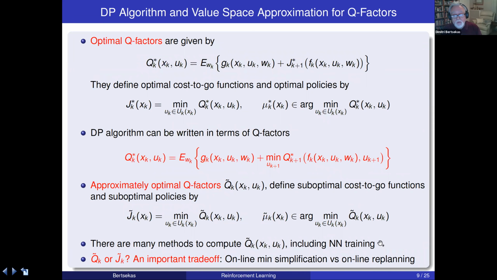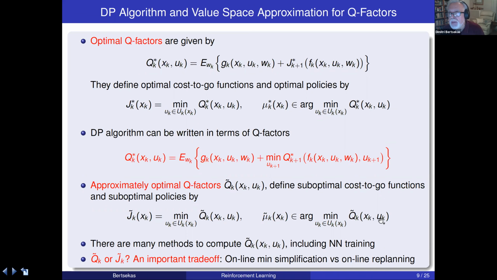Yeah, well, okay, let's consider online replanning, which arises when there are changes in this cost function and also in this system function. Then using Q factors has you stuck, because this expression here does not reflect the changes in the parameters. On the other hand, if this is given by a neural network, the neural network has been trained already with a nominal set of parameters.